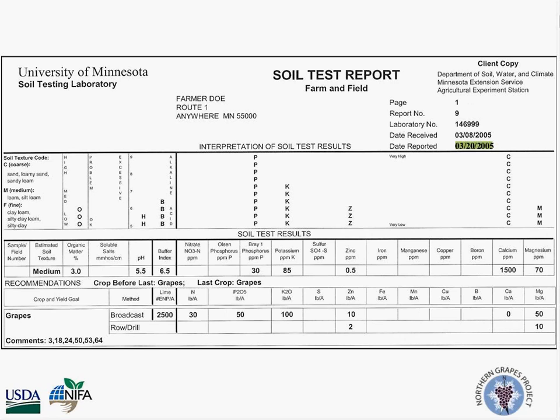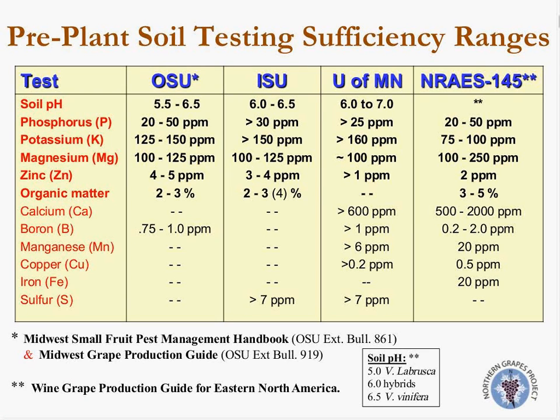Okay, in terms of interpretation, some labs interpret the levels a little differently than others. What I suggest is choosing a lab that can reflect your local conditions. So, for example, Ohio State University is on the left here.